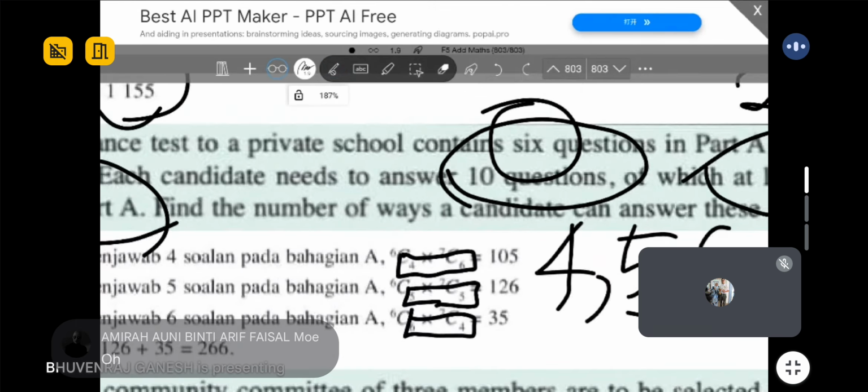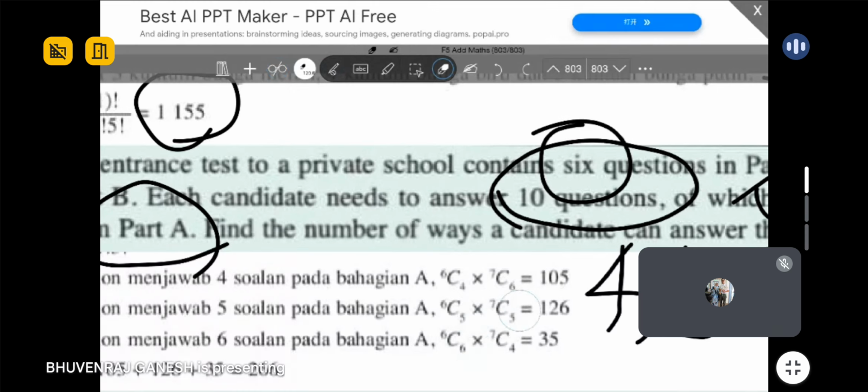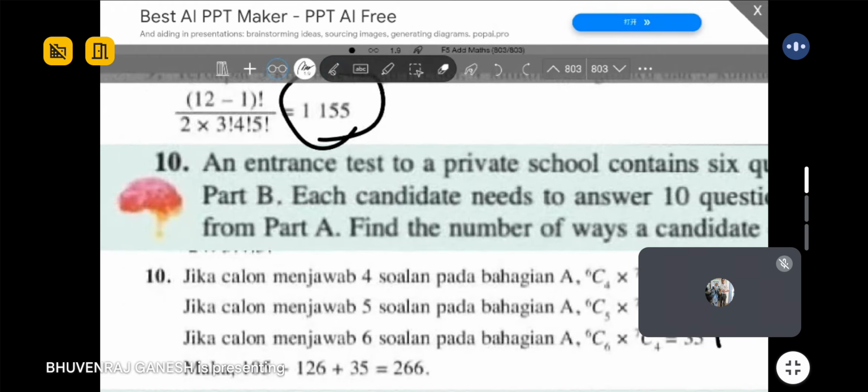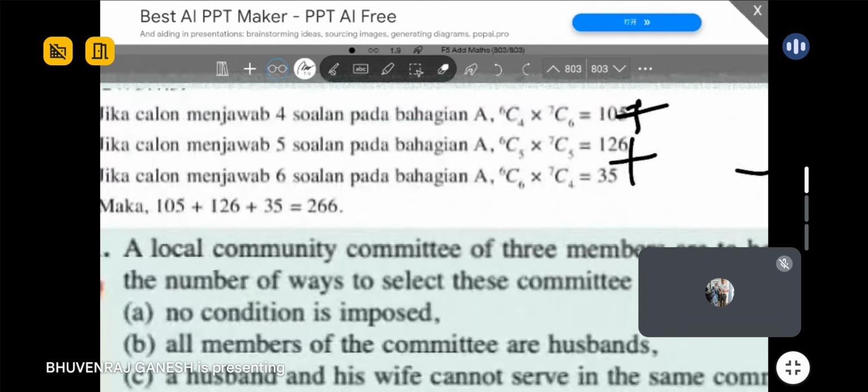Are you all clear guys? So final answer is you just add up all the 3 cases. Because all of this happen at different time. Dia berlaku pada masa berbeza. So that's why kita tambah. So your answer is 266. Clear guys? Can I continue?